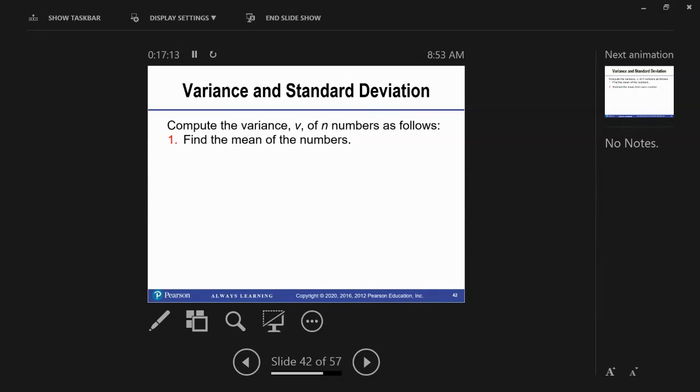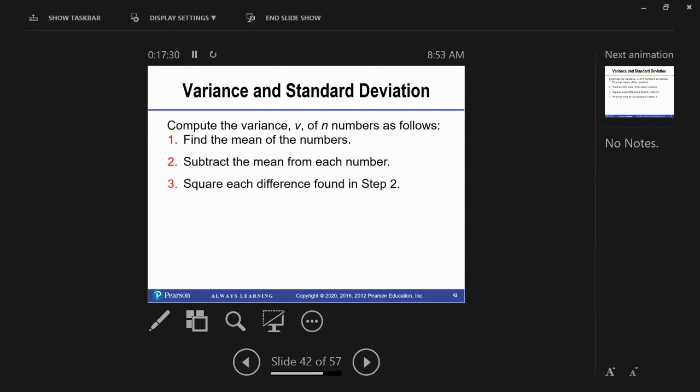First of all, we're going to find the mean of the numbers. Then we're going to subtract the mean from each number. So steps 1 and 2 sound familiar, don't they? Here's where it gets different.